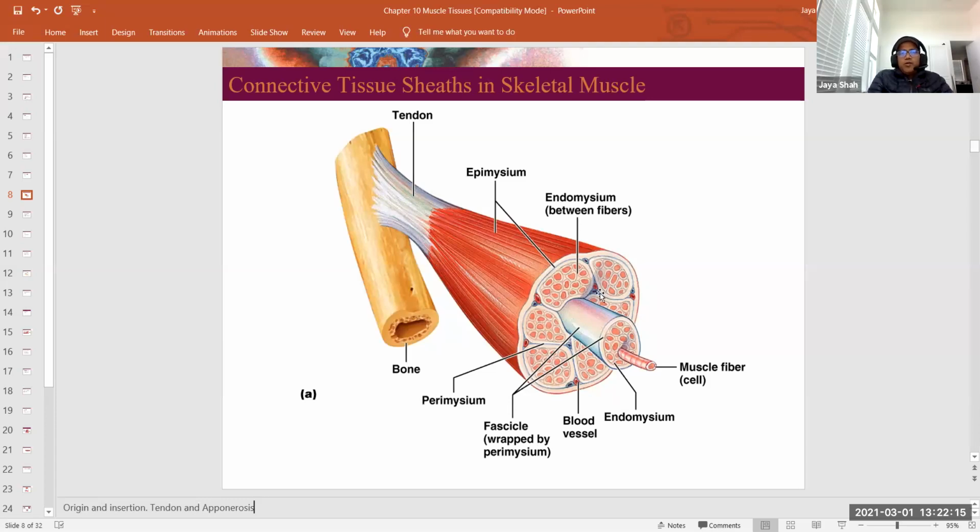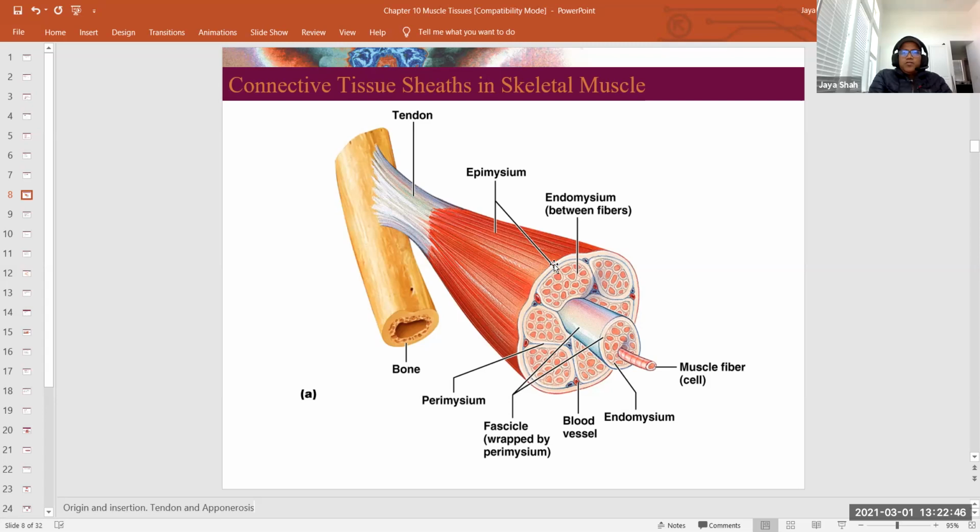So let's talk about this muscle here and the connective tissue covering. When I slice this muscle, first the muscle is covered by skin, then under the skin you have the superficial fascia, deep fascia, and then other connective tissue. So remove the skin, remove the superficial fascia, remove the deep fascia, and then you see the connective tissue covering of the whole muscle.